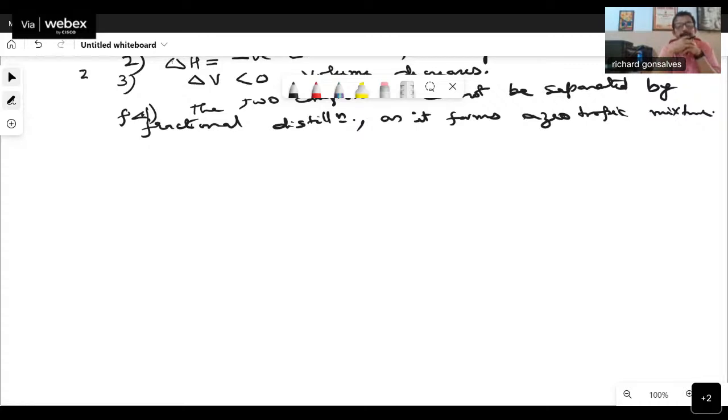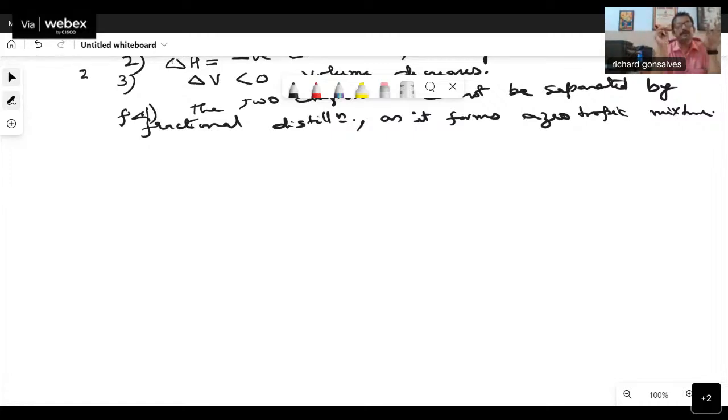Second, the force of attraction between A and B is equal to force of attraction between A and B. That is ideal. Non-ideal, force of attraction between A and B is not equal to force of attraction between A and B. Either it is more or less.